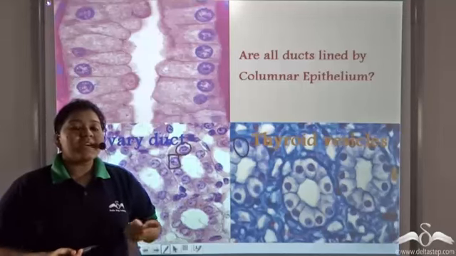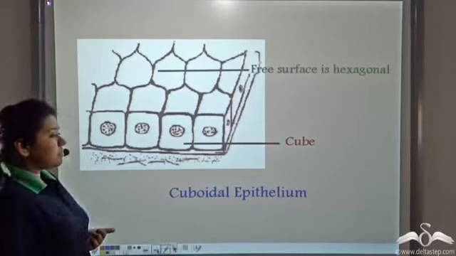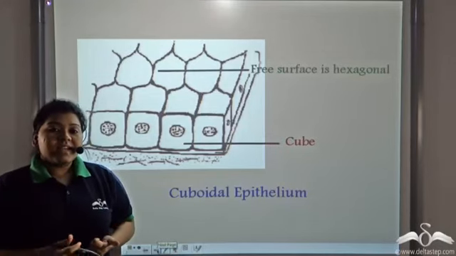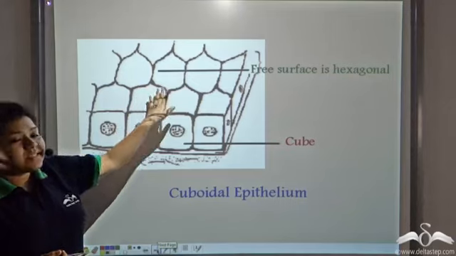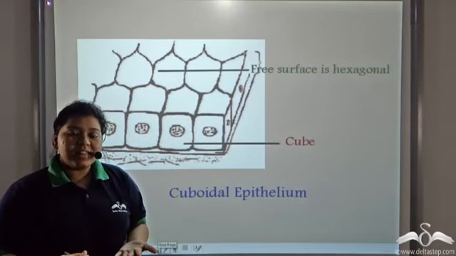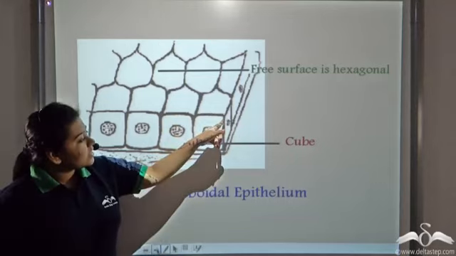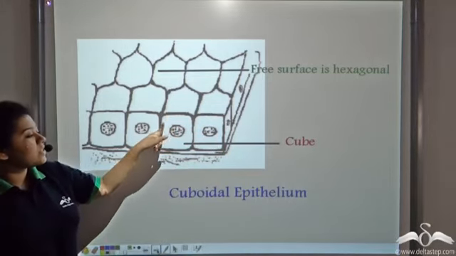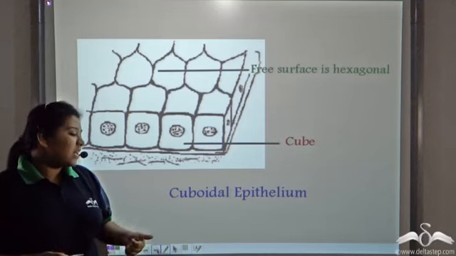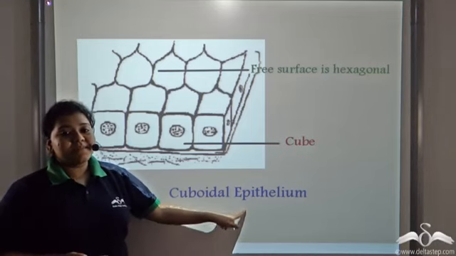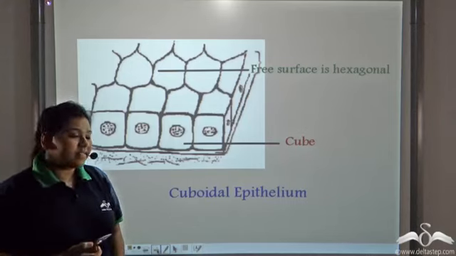So it cannot be columnar epithelium. See, the cells that form this tissue have a free surface that is hexagonal, and if you see the section of a cell, you'll see it has a cube-like structure. And so this tissue is known as cuboidal epithelium because it is made up of cuboidal cells.